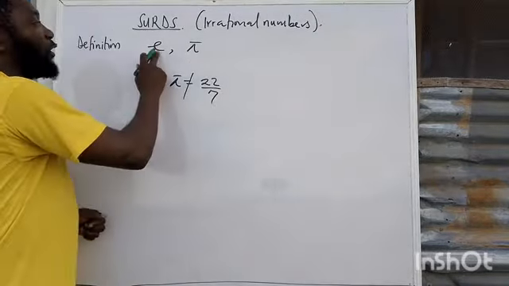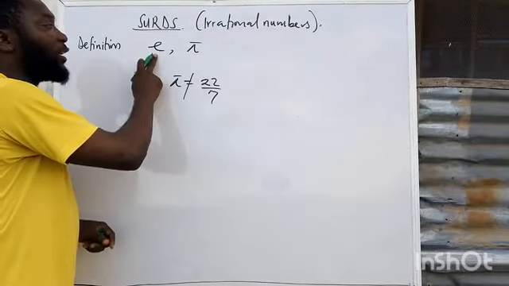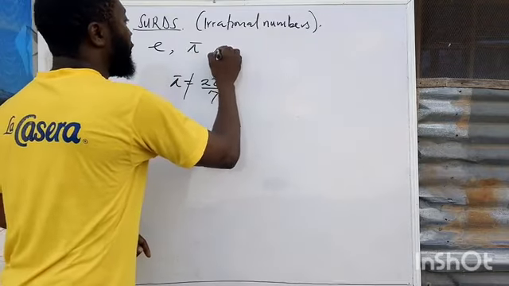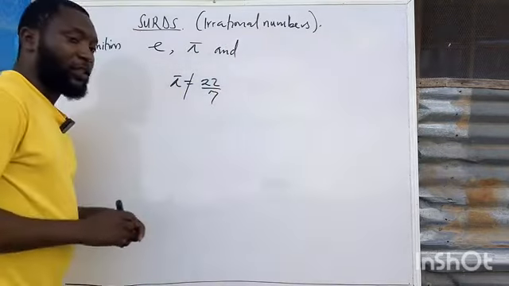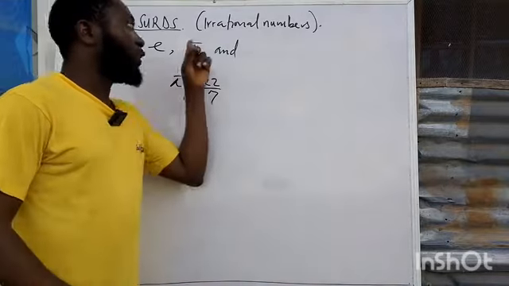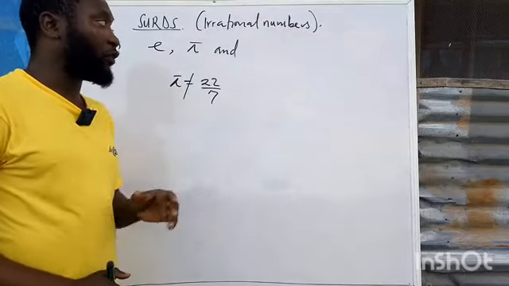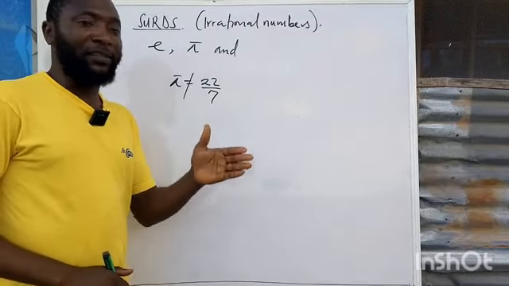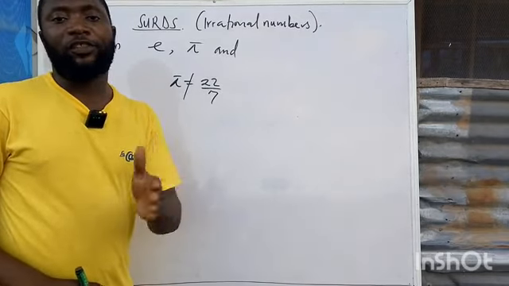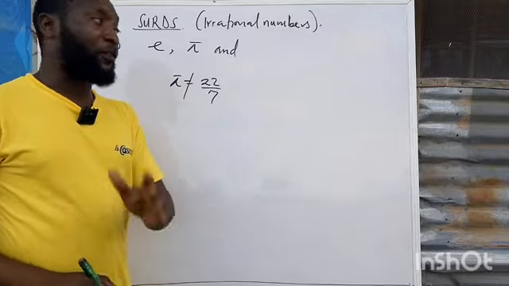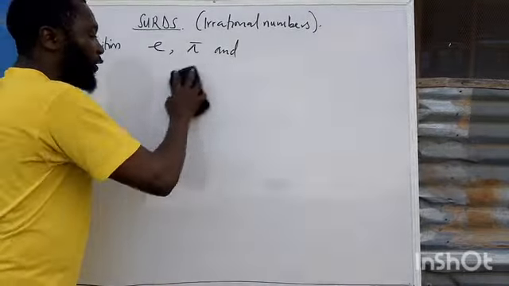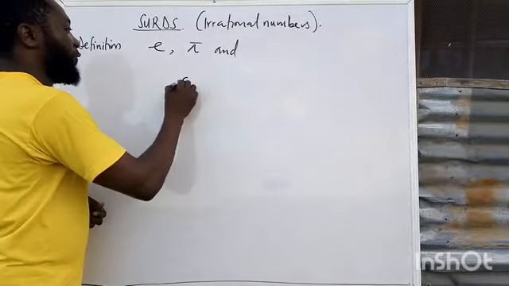So irrational numbers can be the exponential, they can be pi, and the last example is the square roots of numbers that are not perfect squares. An example of a number that is not a perfect square is 5.